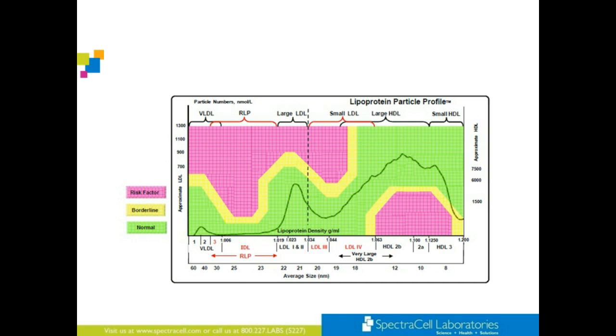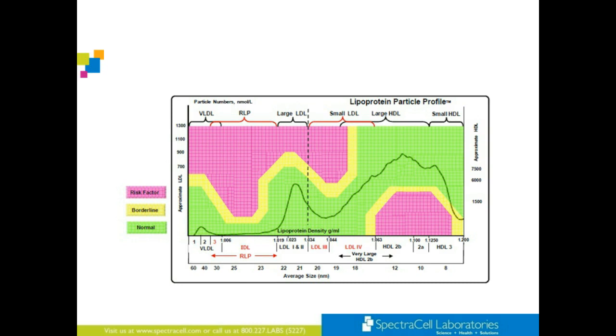Then moving to the right of that on the bottom of that graph, you see LDL1 and 2, and then to the right of that dotted line, you see LDL3 and LDL4, and then at the very far right, that's where your HDLs are broken down into the 2B, the 2A, and the 3.